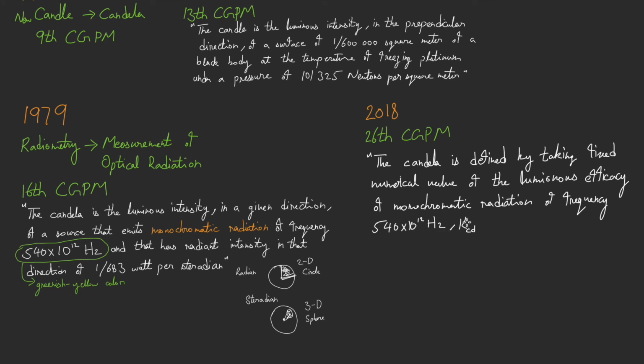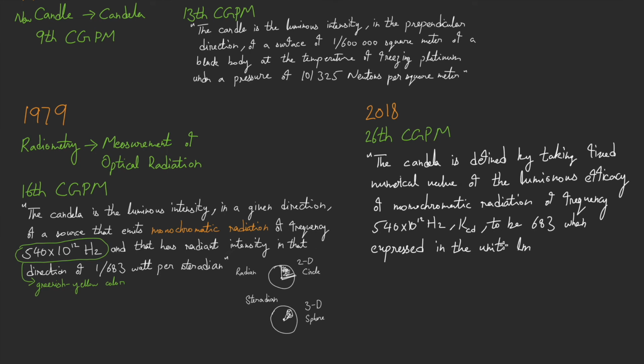Kcd is that constant to be 683 when expressed in the unit lm, which is for lumen.